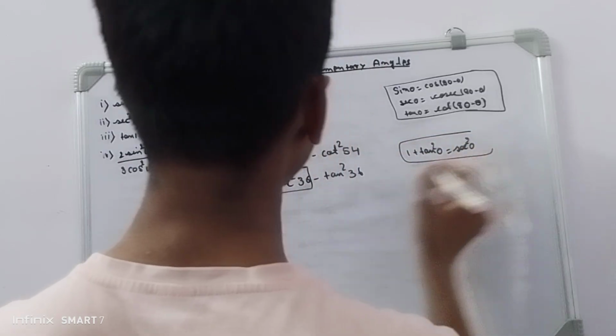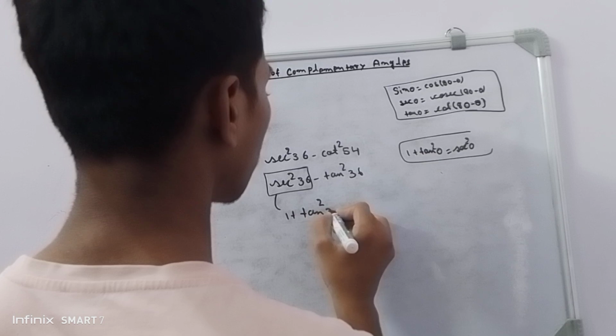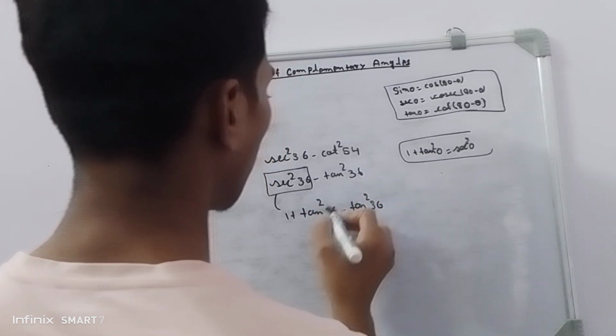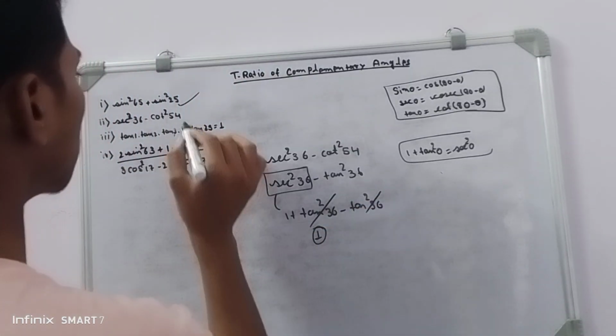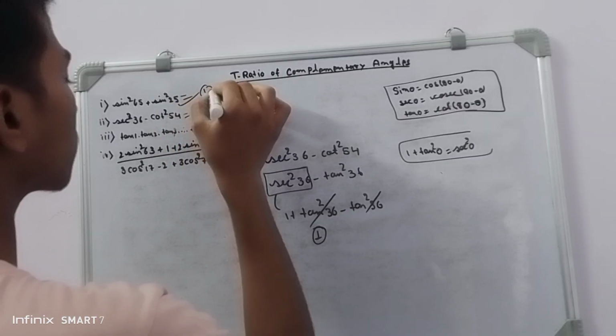Using this identity, you can write 1 plus tan square of 36 minus tan square of 36, and the tan terms cancel out. The answer is again 1.